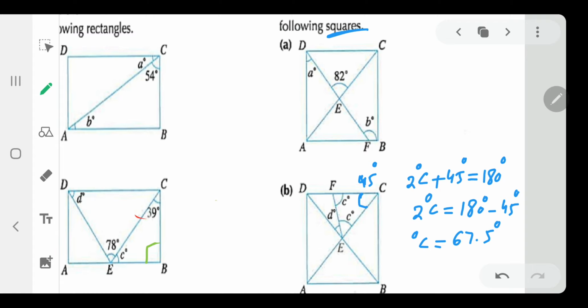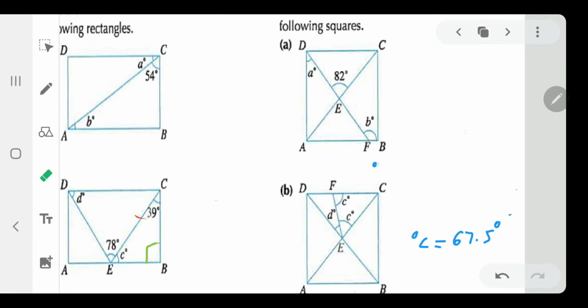Now because the value of C is 67.5, and we know that because it is a square, this angle must be equal to 90 degrees.